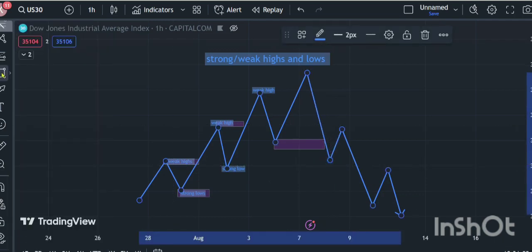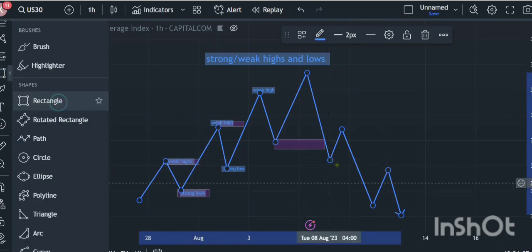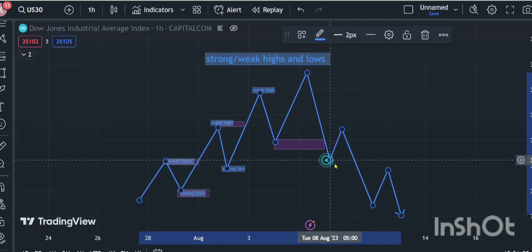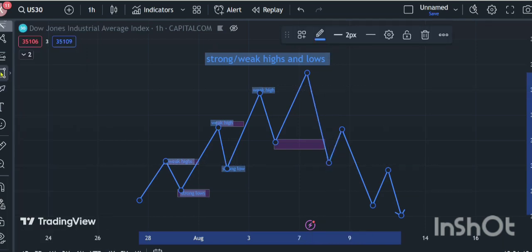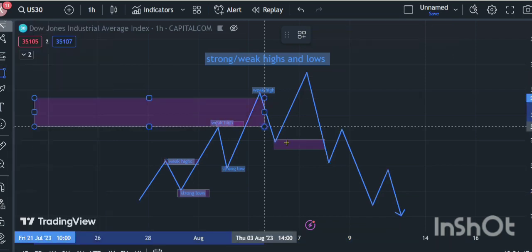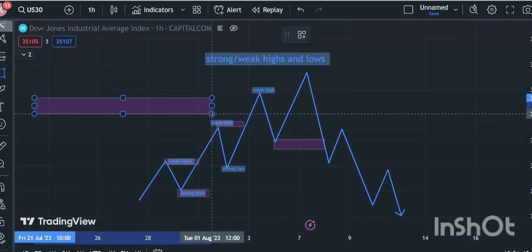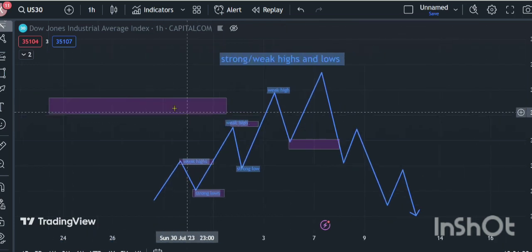Let me just make sure we mark, very important, so that we do not miss out anything at all. So let's just drag this here.